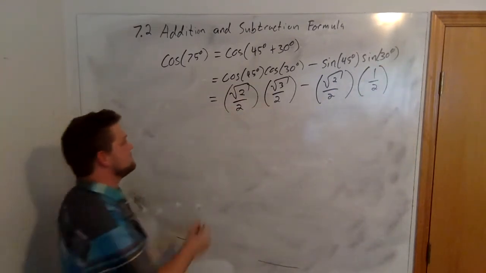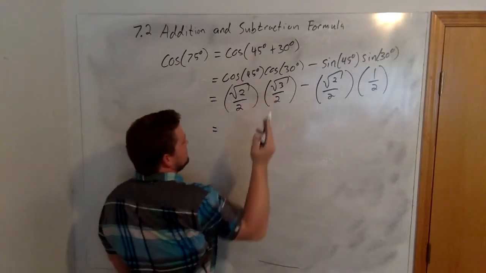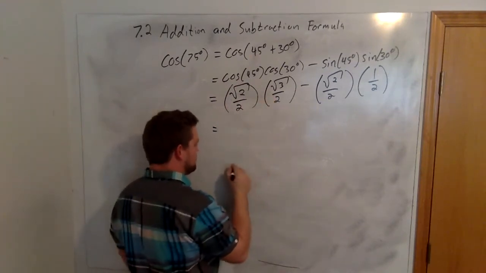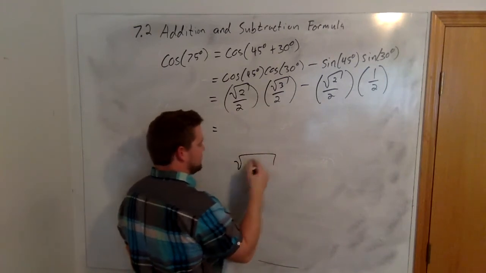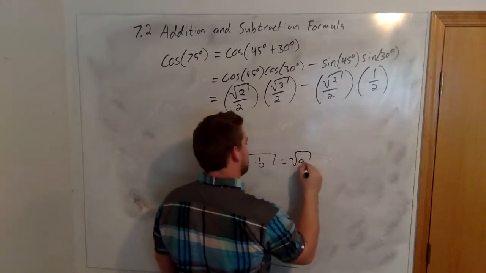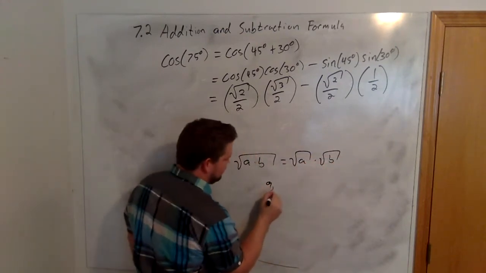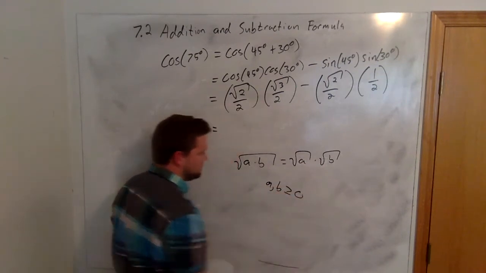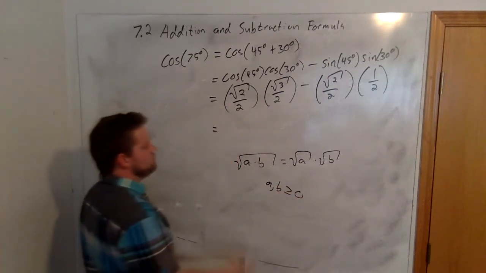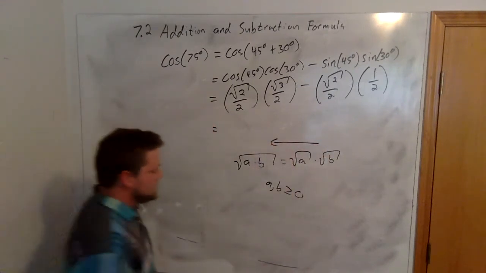Alright, so let's multiply this together. When I multiply root 2 times root 3, something that's nice to know is the square root of a times b is equal to the square root of a times the square root of b. Be careful that this is actually only true if a and b are both positive. So we are going to use this rule in this direction.